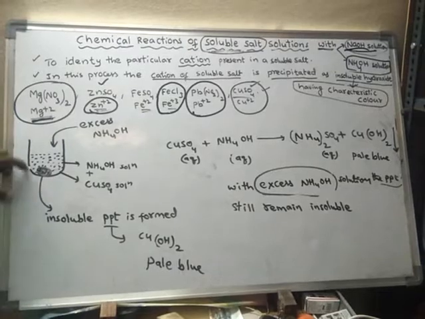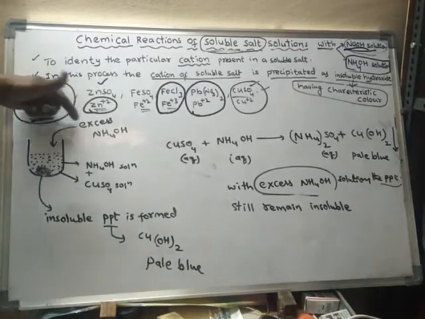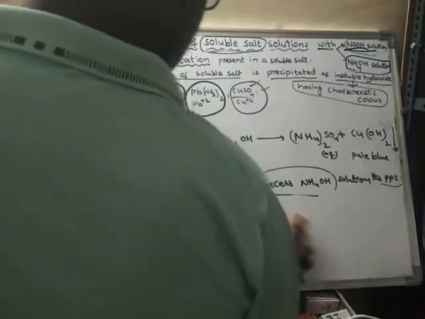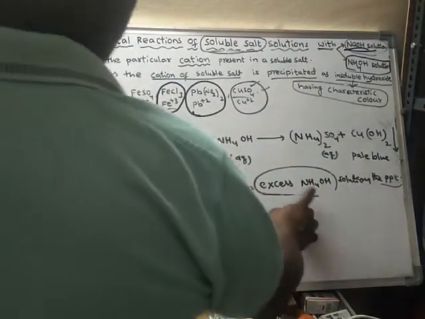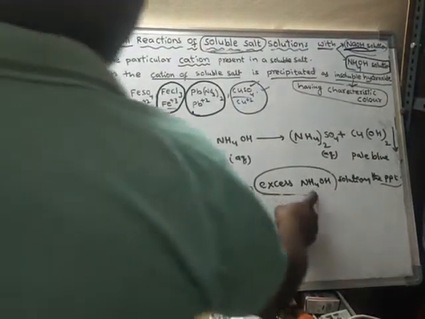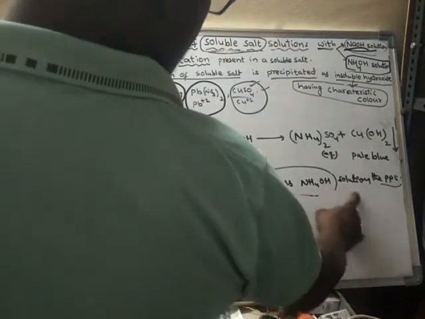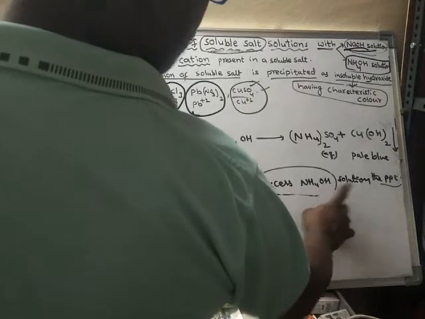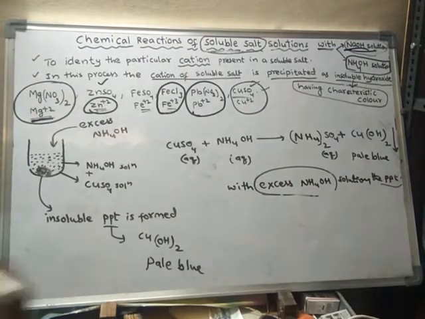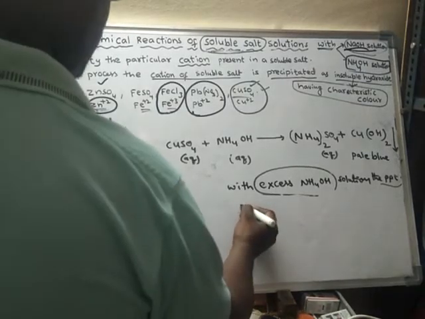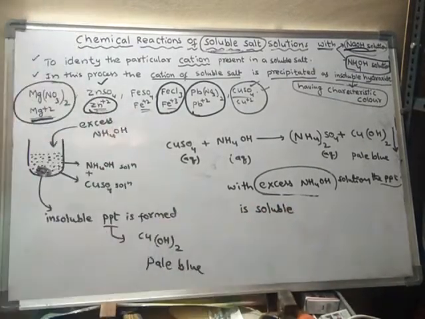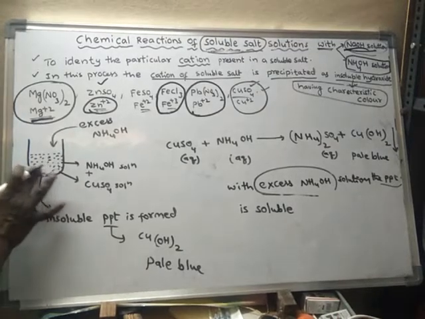Now, after the formation of this precipitate, if you add excess ammonium hydroxide, what happens? With excess ammonium hydroxide solution, the precipitate is soluble. Now this precipitate will dissolve.